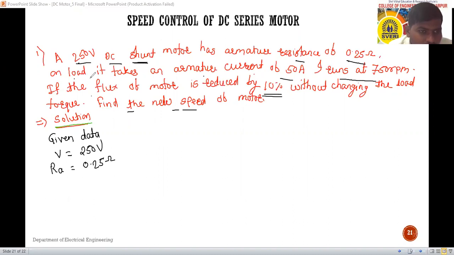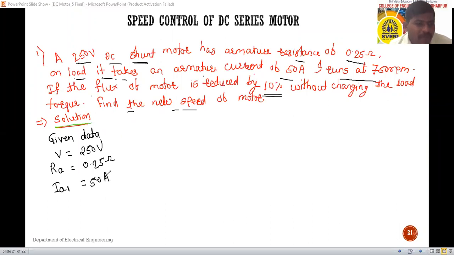Now on load it takes an armature current of 50 ampere. Suppose this is the load condition; I am representing that armature current as IA1. So IA1 is 50 ampere.